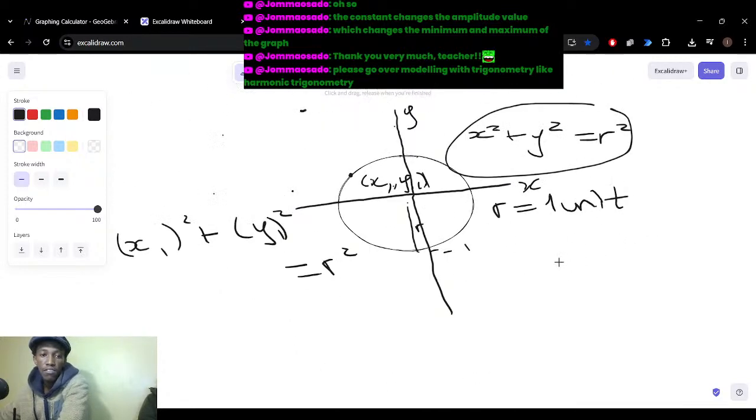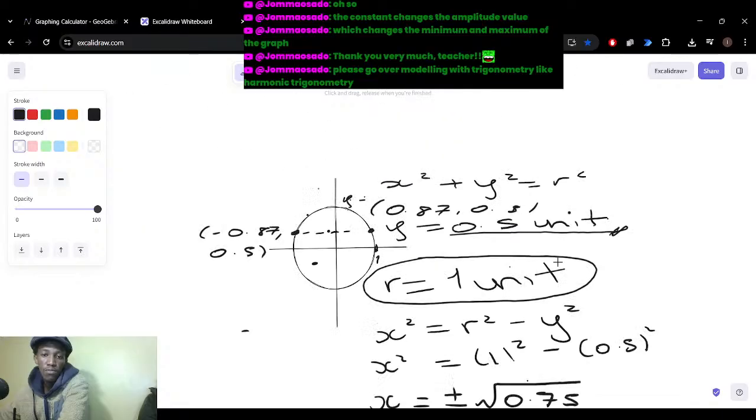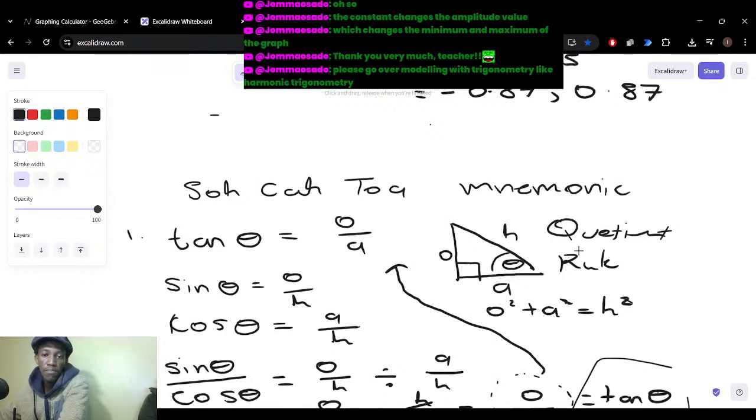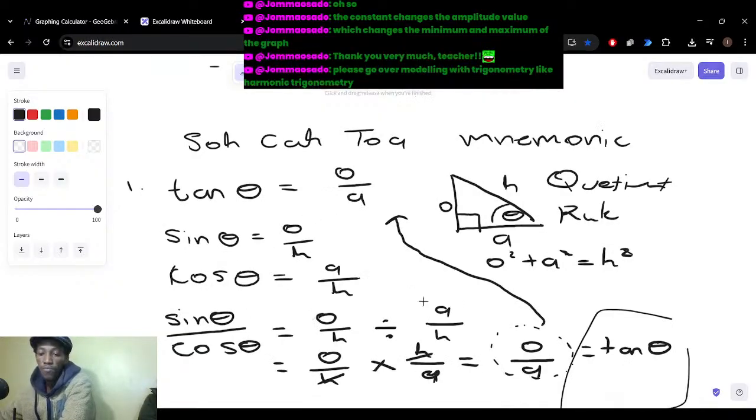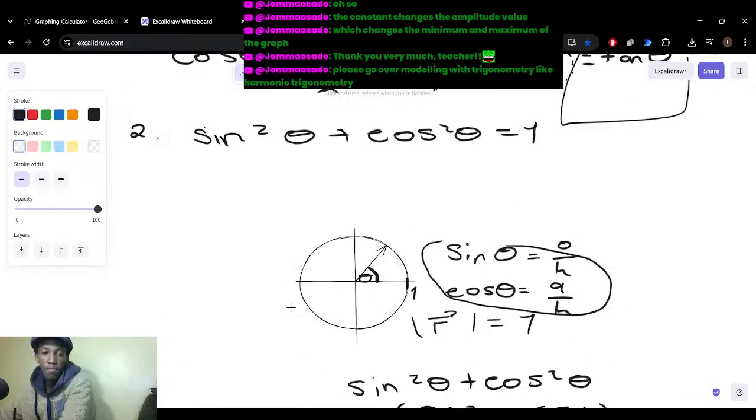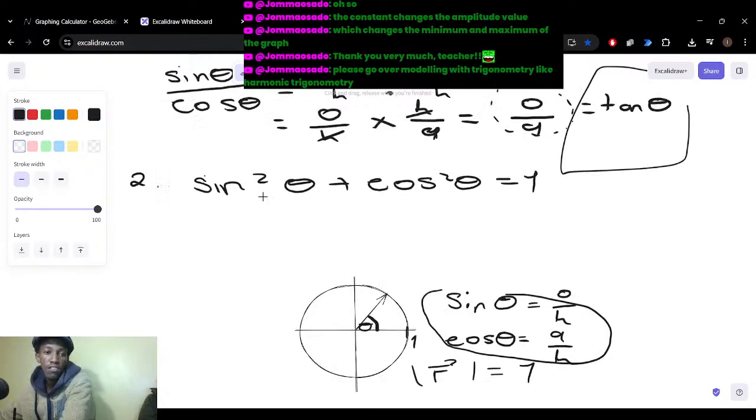So we went on to prove some of the trigonometric identities. One of them being the quotient rule, that tan theta is equal to sine theta over cos theta. We proved that, and also we proved that the sum of sine squared theta and cos squared theta is equal to 1.